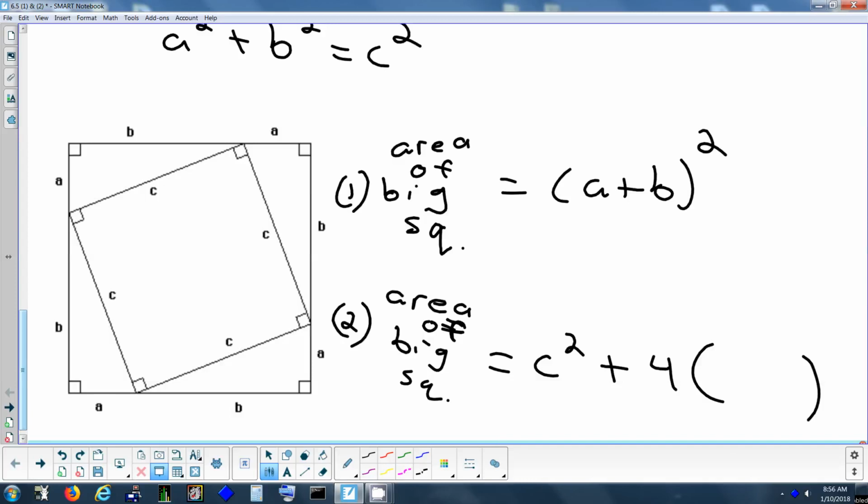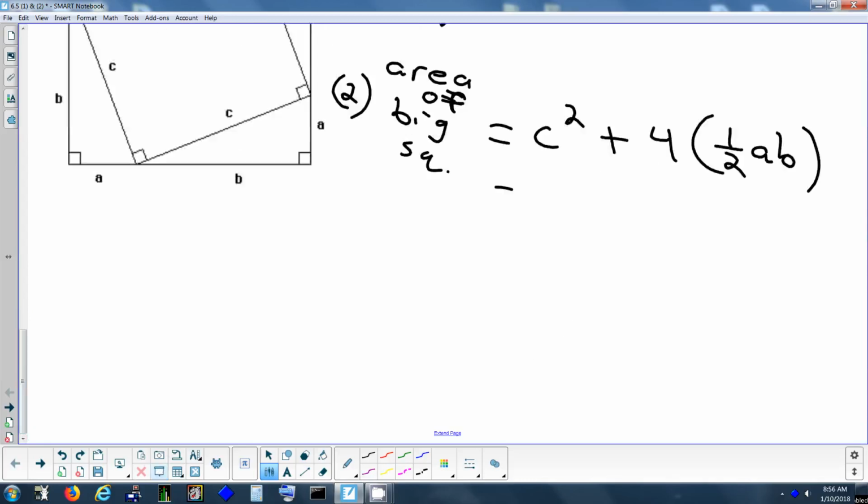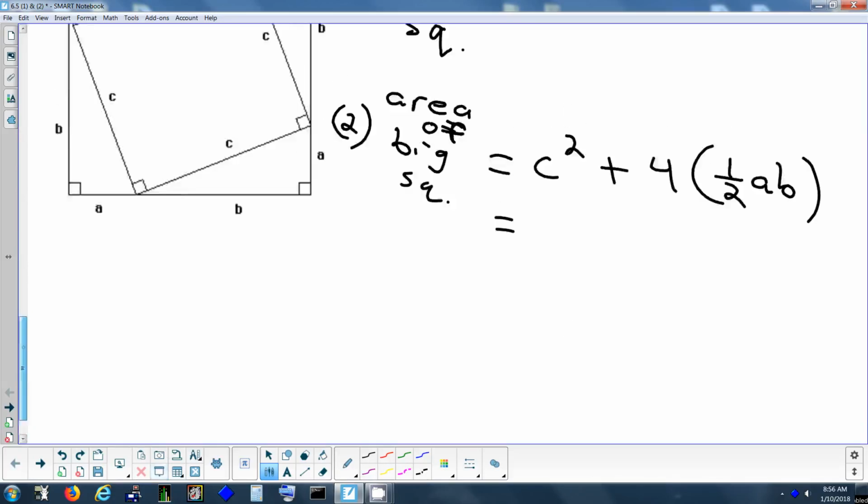So for this one, we start with 1/2. And let's look at this triangle right here. You could look at it either way. The base is a, and the height is b. It doesn't really matter either way. So it's 1/2 ab. Okay, and I think we can simplify the second expression a little bit.